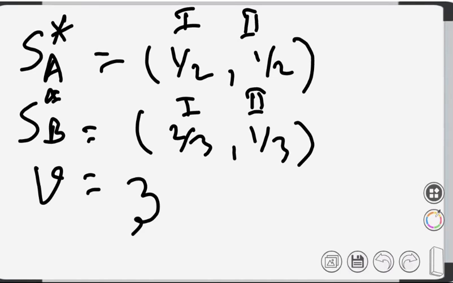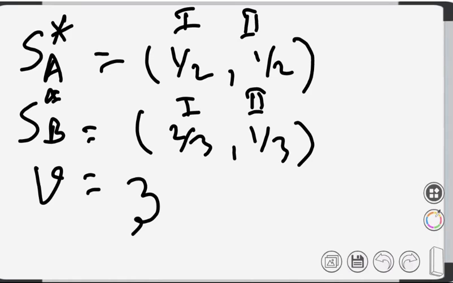So the final solution of this problem is that the game is played with a mixed strategy, because again I am saying this is very important. First thing you have to check is whether the problem has a saddle point or not. If the problem does not have a saddle point, then and only then do you go to the mixed strategy part. Also check whether the game is a 2x2 game.